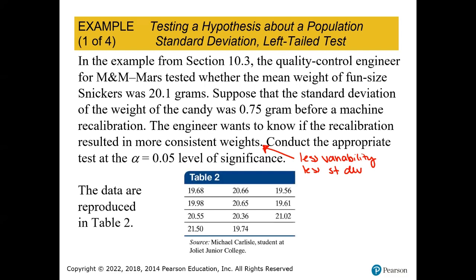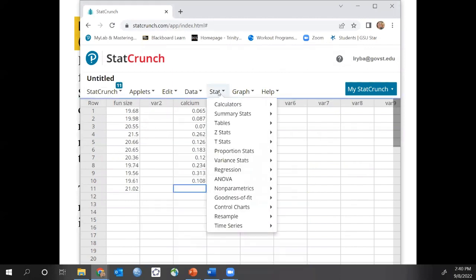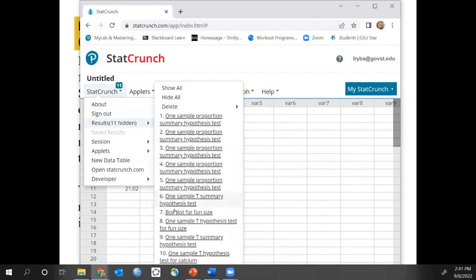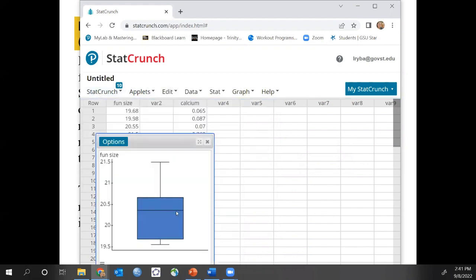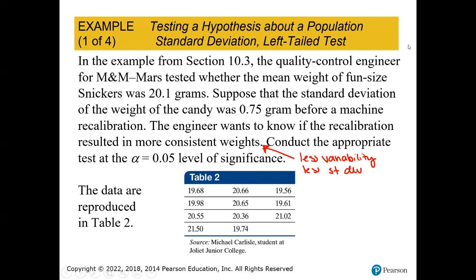I will double check that mine is in StatCrunch here in just a second. Fun size Snickers, and I believe we had checked that one before we made a box plot. Let's see. Box plot for fun size, yes, we did conduct that. It was normally distributed, no outliers, so we can again run the test, this time with a standard deviation.